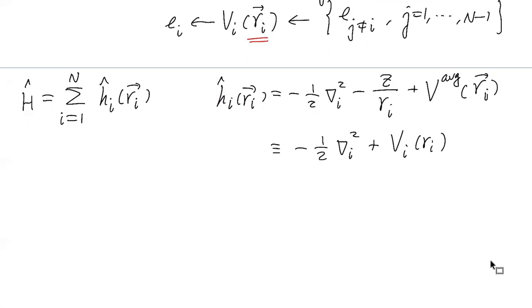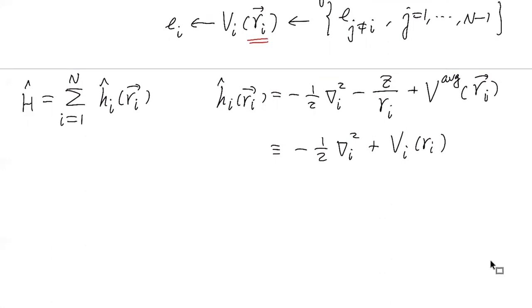If you're not comfortable with this idea of the average potential, you can just think about, suppose somehow you can find it by spherically averaging the distribution of the electrons and compute the electrostatic potential at a particular point r on the sphere. You can think about this in this way.